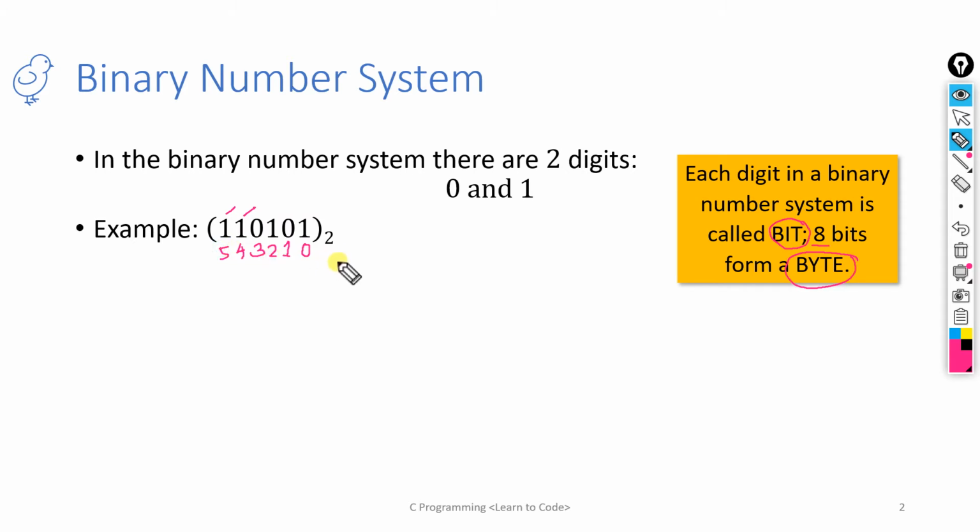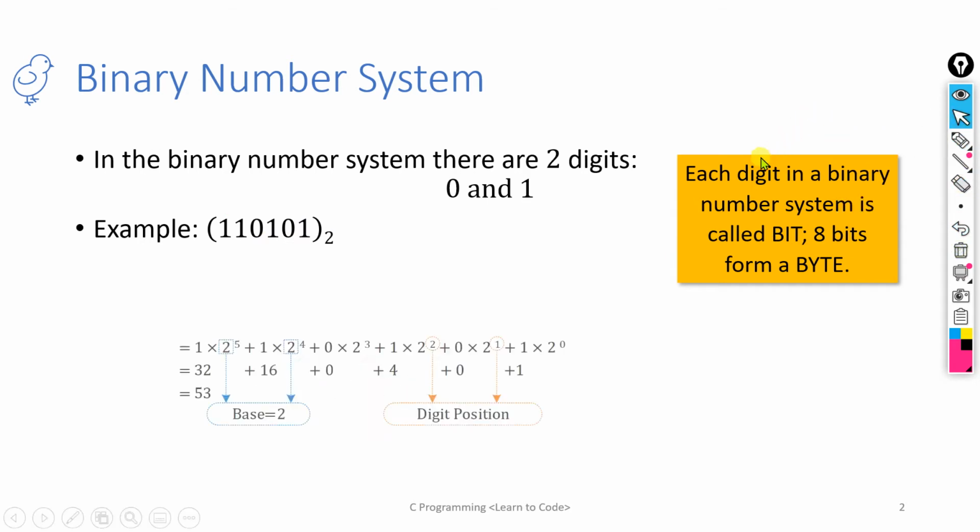The interesting fact here is, if you remember, in the decimal number system I already told you that when each digit of a number is multiplied by the base to the power of its position and all the values are added, it gives the decimal equivalent of that number. So let us take an example.